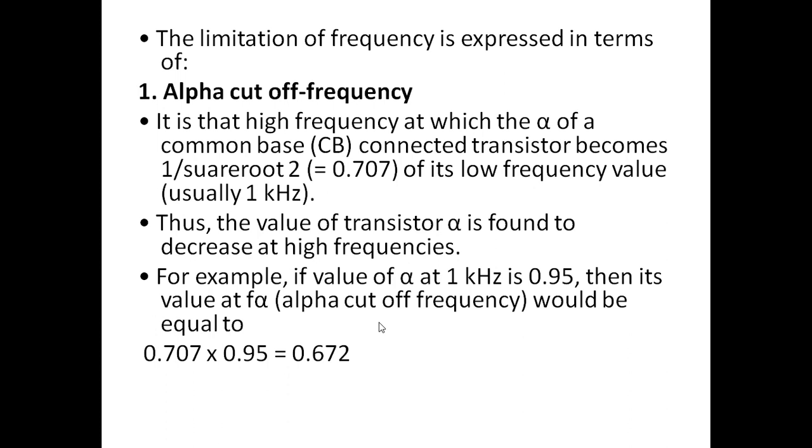Thus, the value of transistor alpha decreases at high frequencies. For example, if the value of alpha at 1 kHz is 0.95, then its value at the alpha cutoff frequency would be 0.707 times 0.95, which is 0.672.